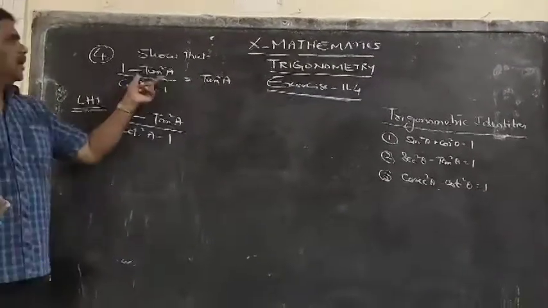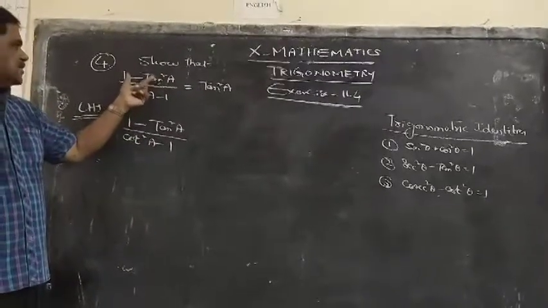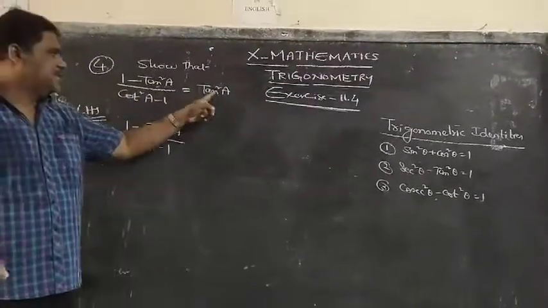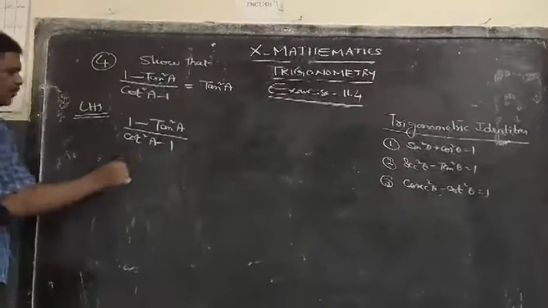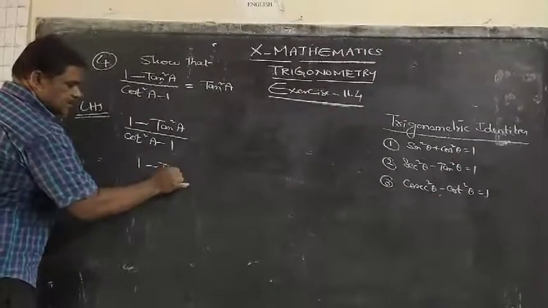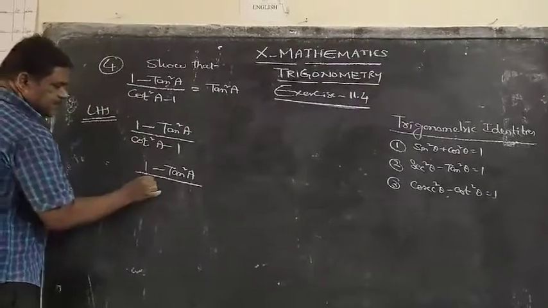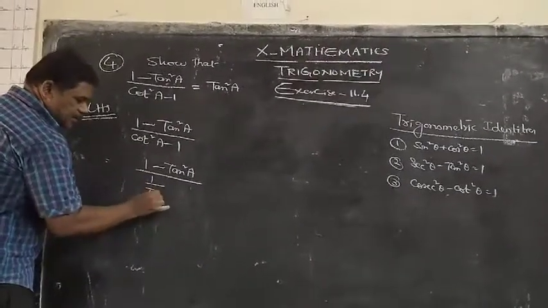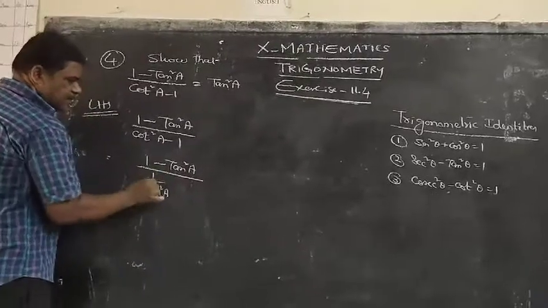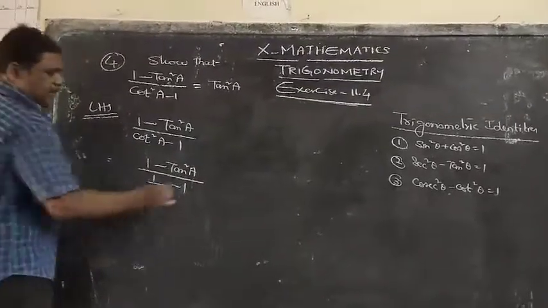Here LHS contains tan and cot, but RHS contains only tan. Therefore what we have to do is, in denominator cot square is there, cot is nothing but reciprocal of tan. So you can write cot square A is equal to 1 by tan square A, minus 1.